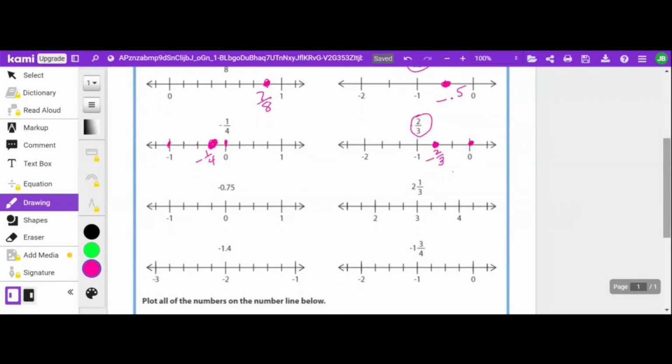Okay, let's look at this one. We're at negative 0.75. Each of these hash marks, and we're at negative, so that means we're moving to the left. How much is each one of these hash marks?